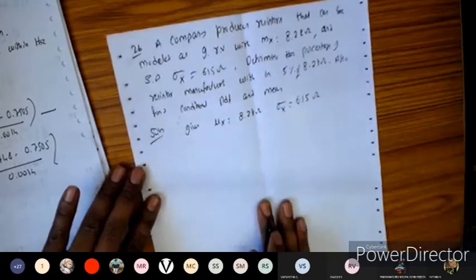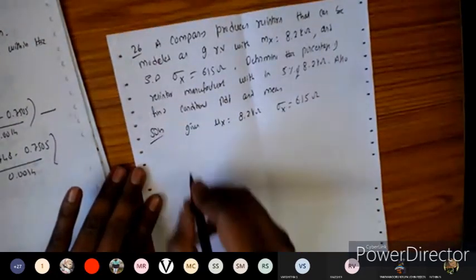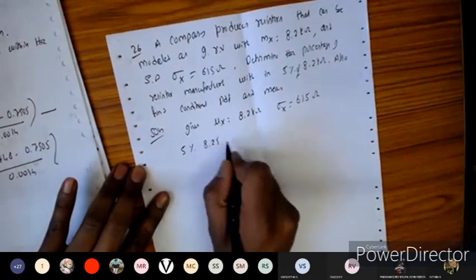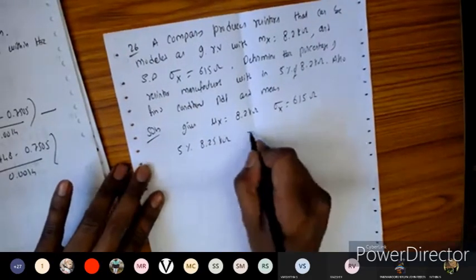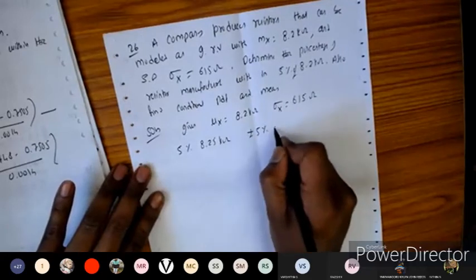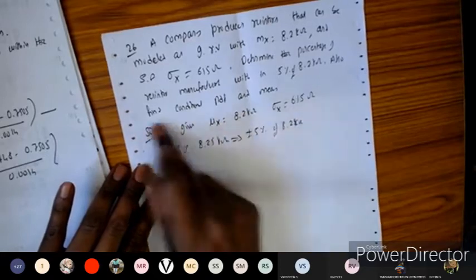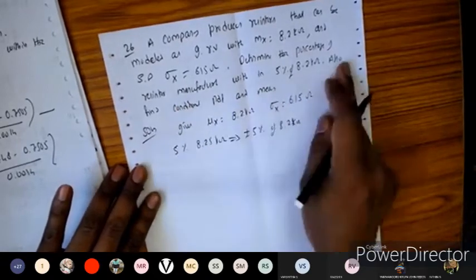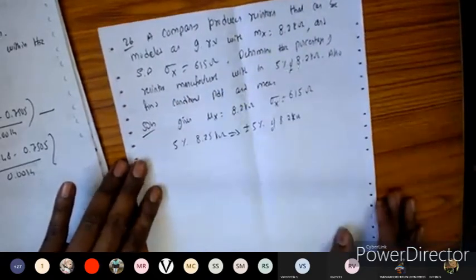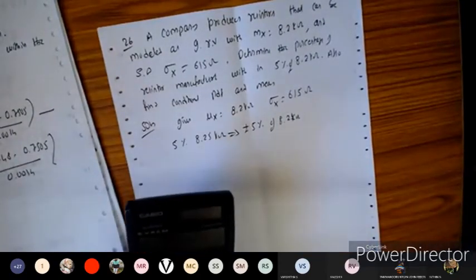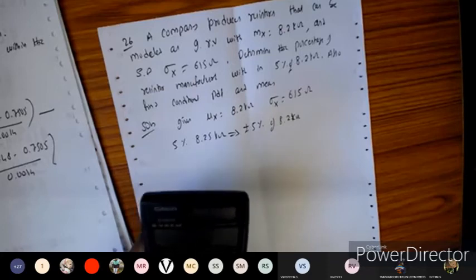So we need to find plus or minus 5% of 8.2 kilo ohm. That is the tolerance range within which the manufactured resistances are going to lie.